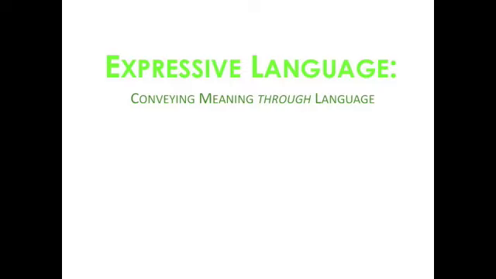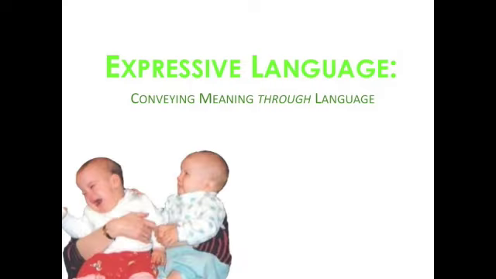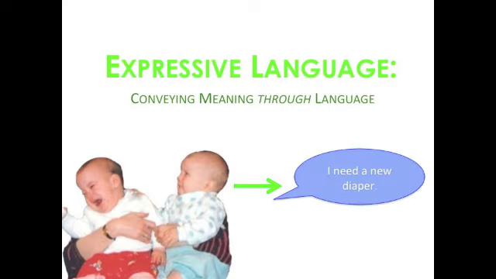And then expressive language is essentially the opposite process. So you start off with meaning or a thought or an emotion, and you encode the meaning into language, and you use language as a way of conveying that message to someone else so that they can understand it. The processes do combine. In order to be able to do one, you often have to rely on the other.